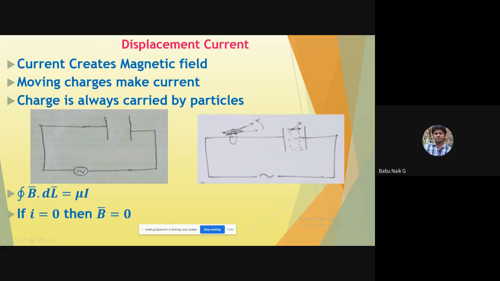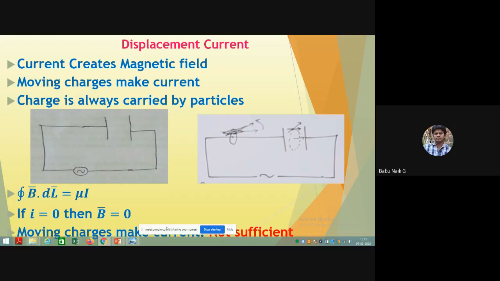Then later, between these two parallel plates, how did it happen? He discussed the definition: moving charges make a current. This information was not sufficient at that time. Moving charges make current is insufficient data.